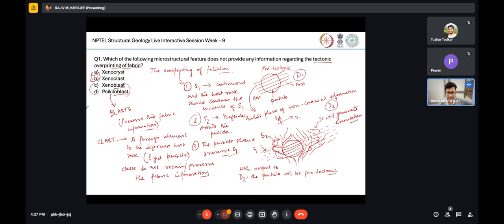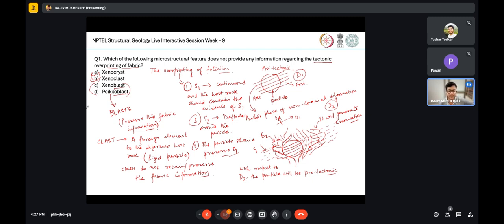So pyroclastics and volcanic tuffs are examples of clasts during the occurrence of eruptive volcanism. Whereas xenocrysts are essential signatures of plutonic igneous rocks, you can get cumulus textures like large crystals of plagioclase like anorthite and specific textures in olivine. So those kinds of things can occur as xenocrysts.